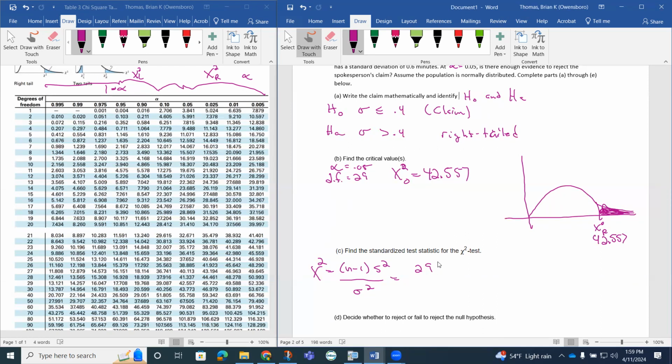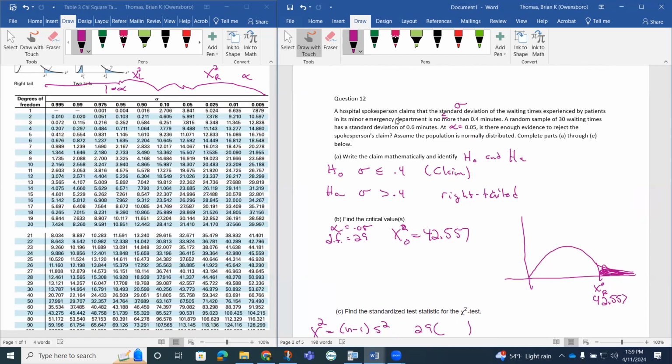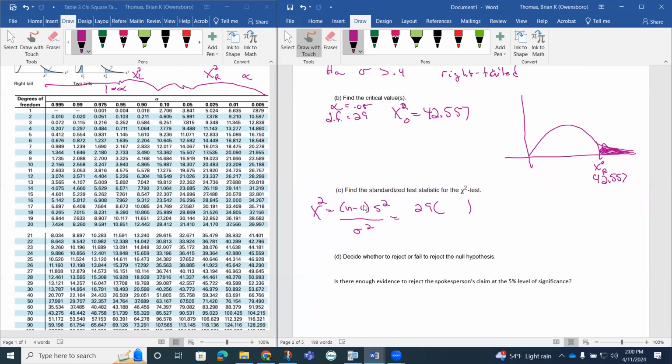Notice they didn't give us the sample variance. What they gave us was the sample standard deviation. So when they gave the sample standard deviation, they said 0.6. Remember, S stands for the sample standard deviation, so to get the variance, all we have to do is square that 0.6.